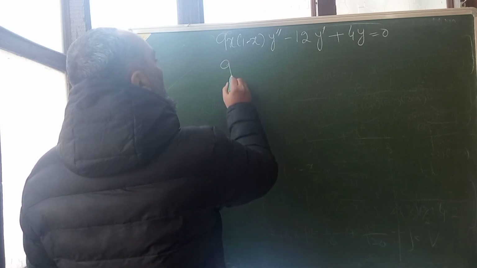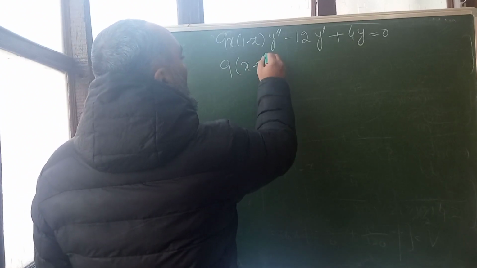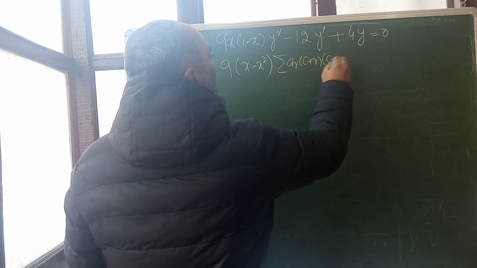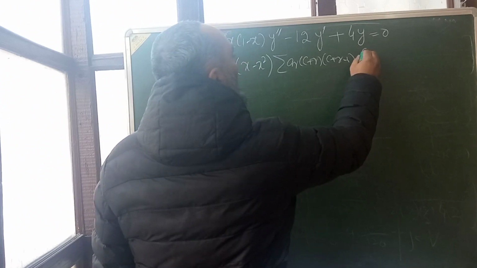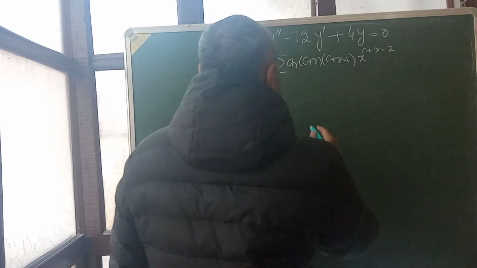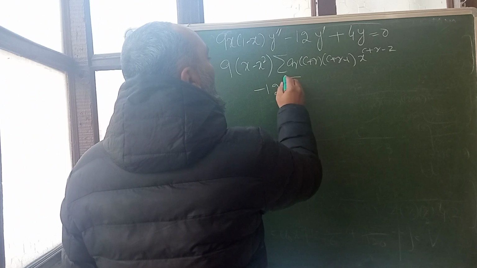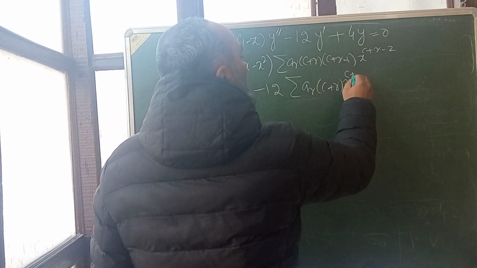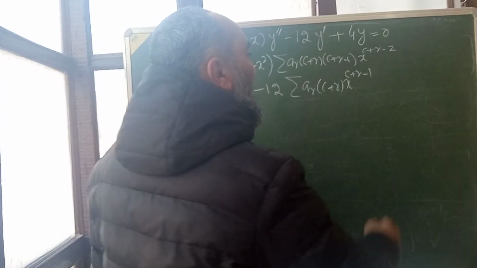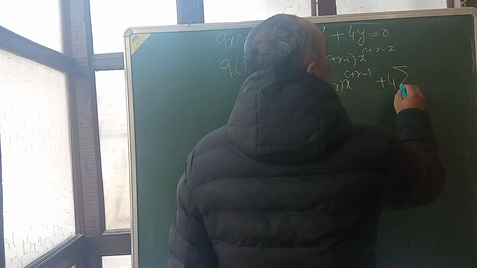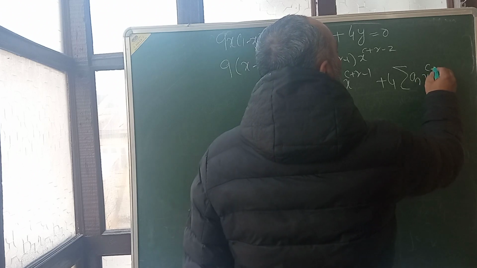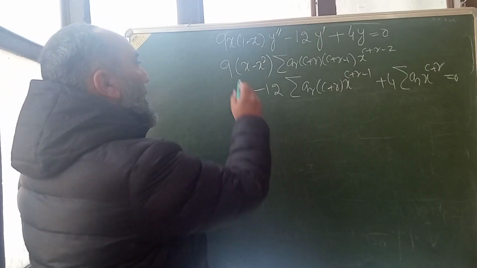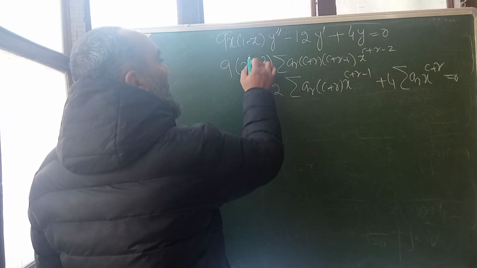This is 9x minus x square, y double dash, summation ar (c plus r)(c plus r minus 1) x raised power c plus r minus 2, then minus 12 y dash, ar (c plus r) x raised power c plus r minus 1, then 4 ar x raised power c plus r is equal to 0. Fine. Now 9x into this, the same powers are added.